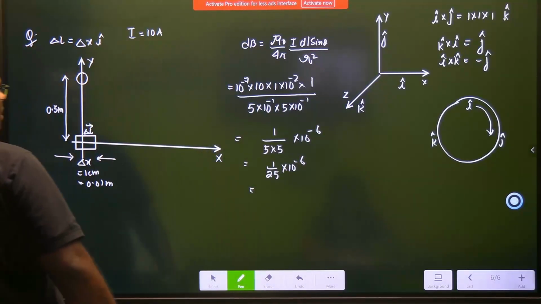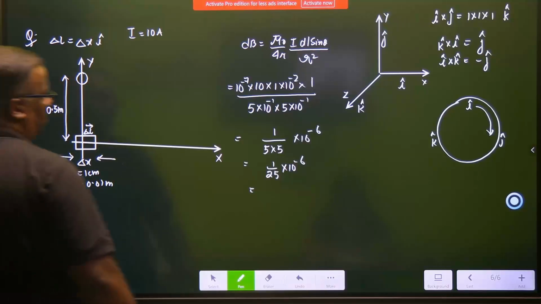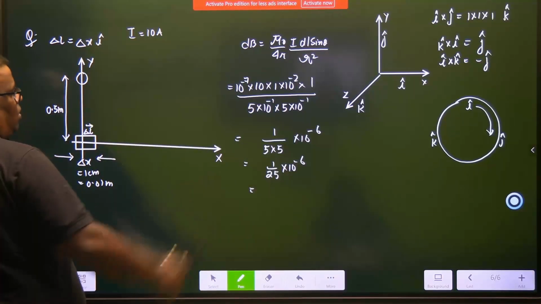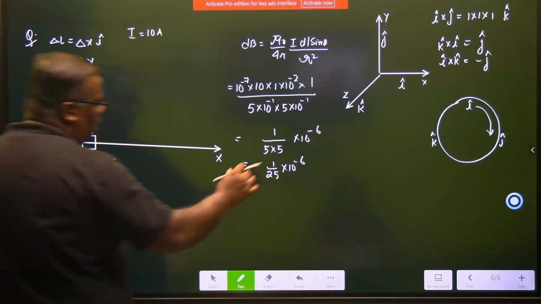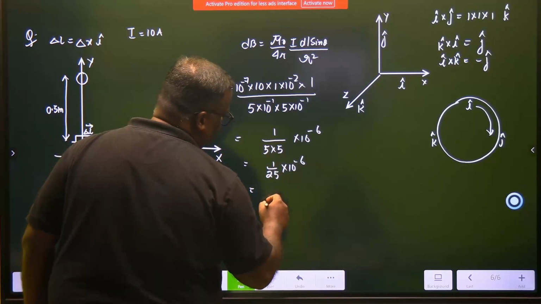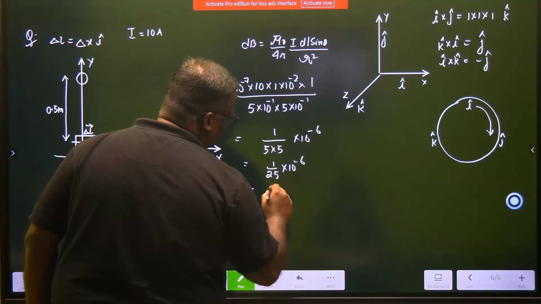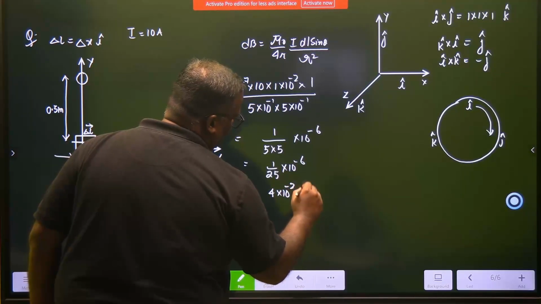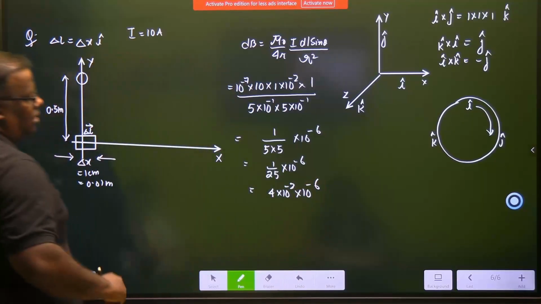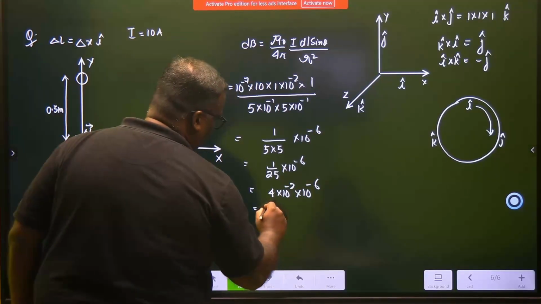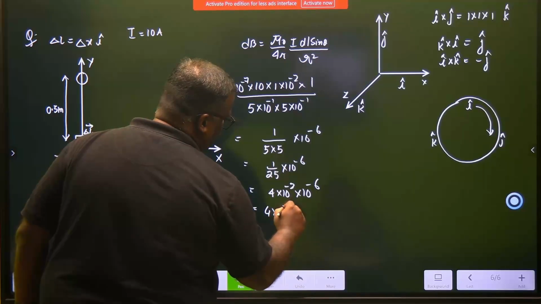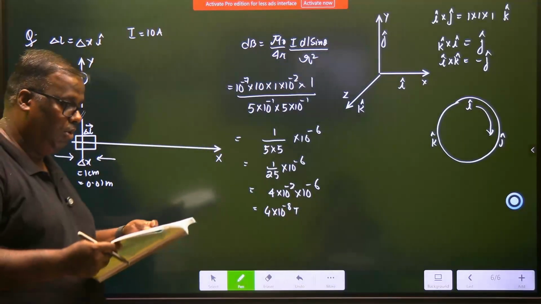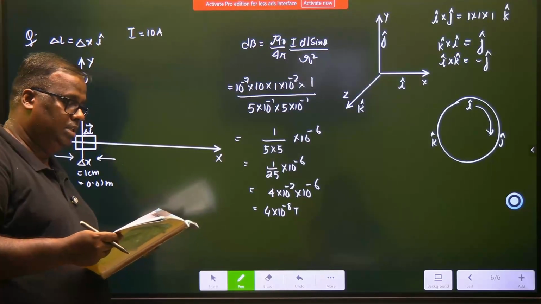Right? How will you do 1 by 25? 4 into 25 is equal to 100. So if this was 100, then 25 makes it 4. But this is not 100, so this is 4 into 10 to the power minus 2 into 10 to the power minus 6. Okay? So this should be 4 into 10 to the power minus 8. Magnetic field we are finding out, so 4 into 10 to the power minus 8 Tesla is exactly correct.